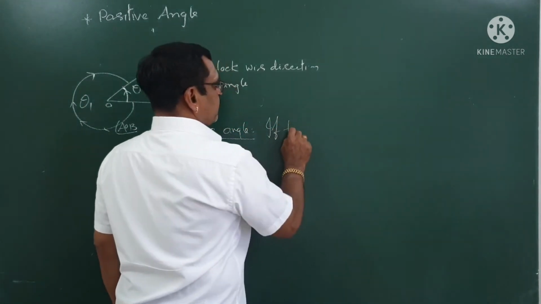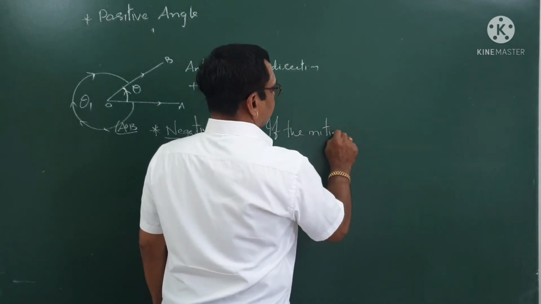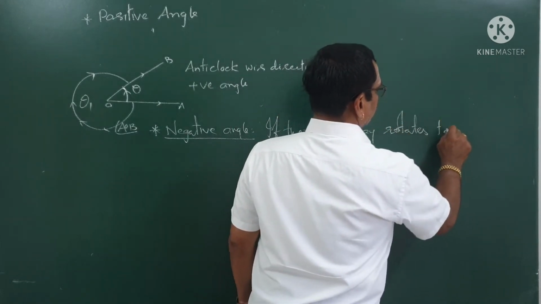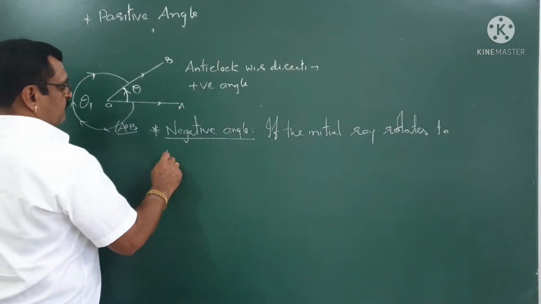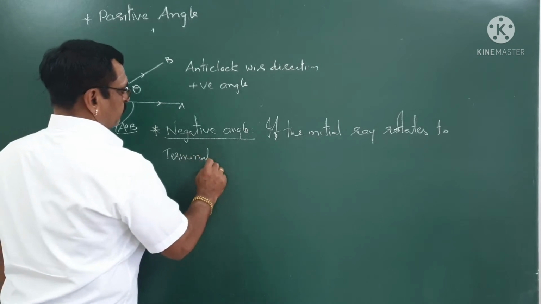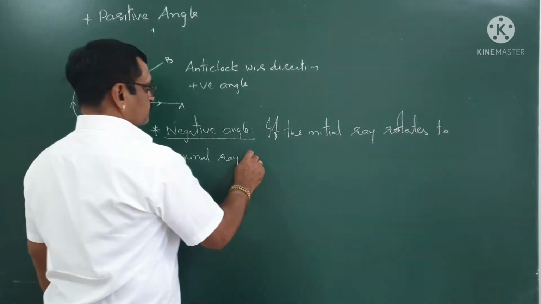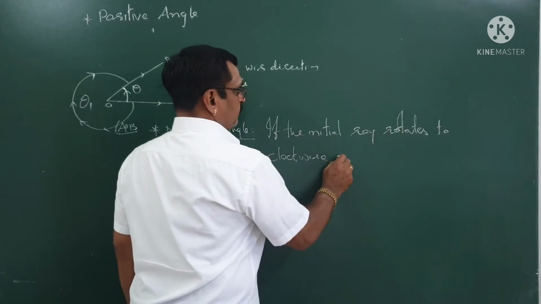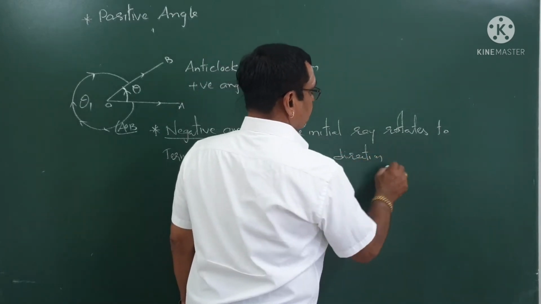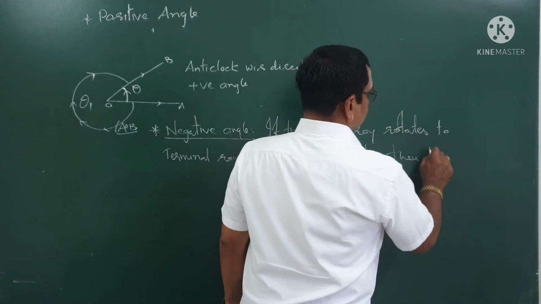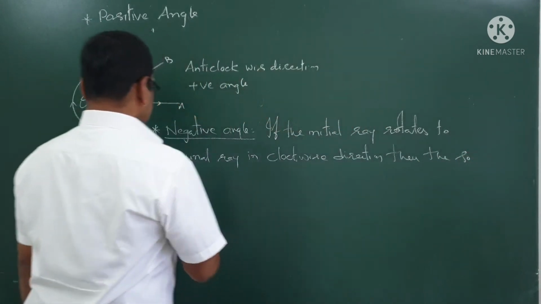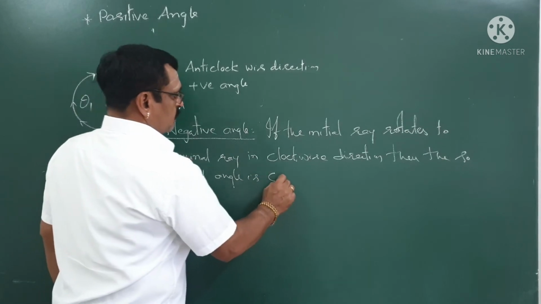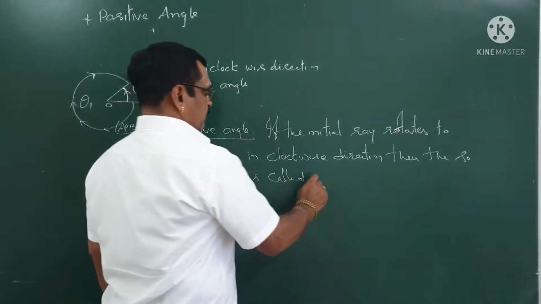If the initial ray rotates to the terminal ray in the clockwise direction, then the angle so formed is called a negative angle.